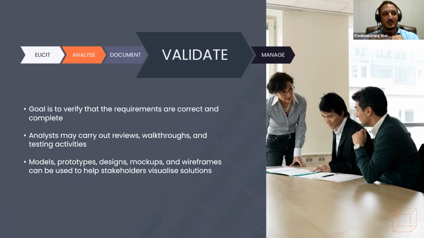And we may even need to go back when we've actually found discrepancies or incorrect items in our requirements list, and go back to those people who we initially elicited the requirements from and say, look, this requirement that you've told me, this feature that you've told me that the system must do here, it doesn't quite work.